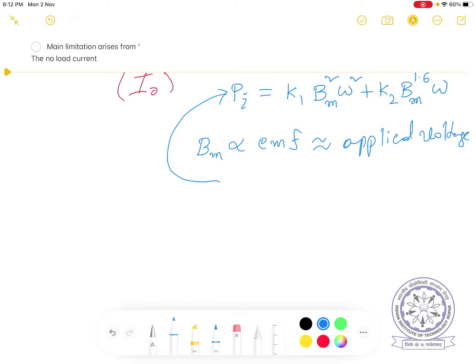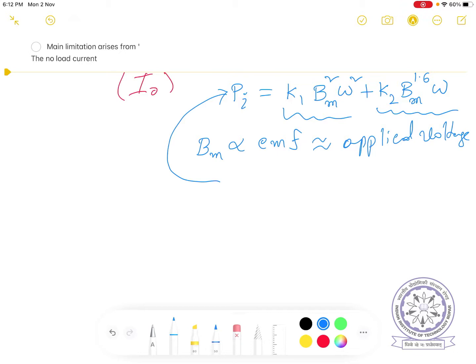They are non-linear: Bm square in one part and Bm to the power of 1.6 in the other part. Therefore, they are not linearly dependent on Bm or, indirectly, on the applied voltage. So you cannot expect a constant resistance with voltage; the resistance value will change with voltage.